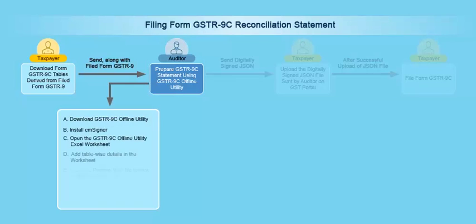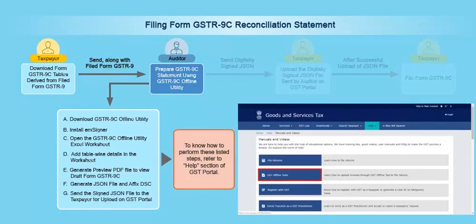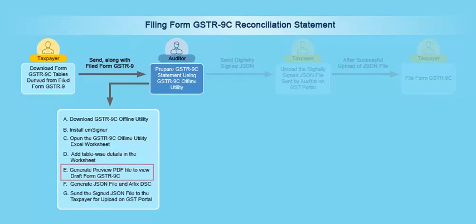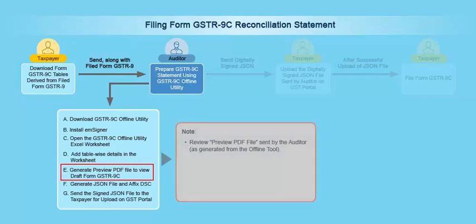All the steps that the auditor will perform before sending the signed JSON file to you are listed here for your reference. In case you wish to review details entered by the auditor in your Form GSTR 9C, you can ask the auditor to send you the preview PDF file generated from the offline tool.